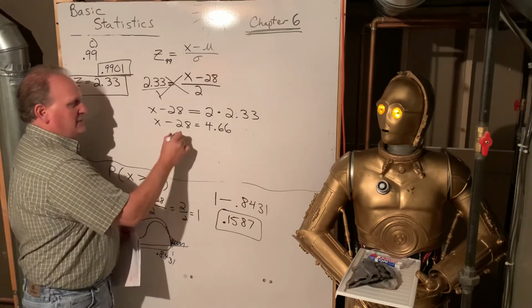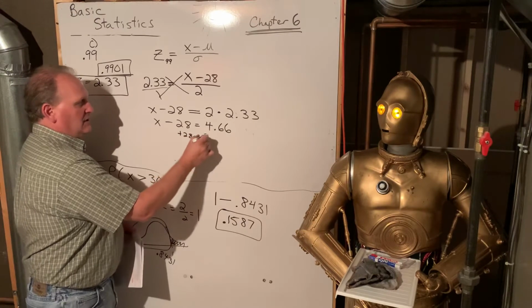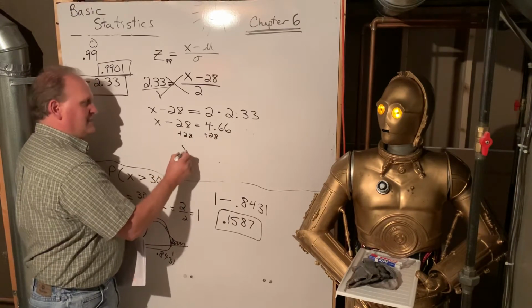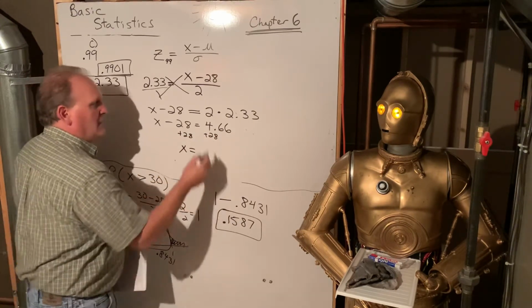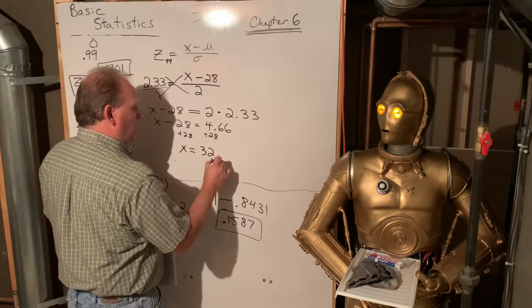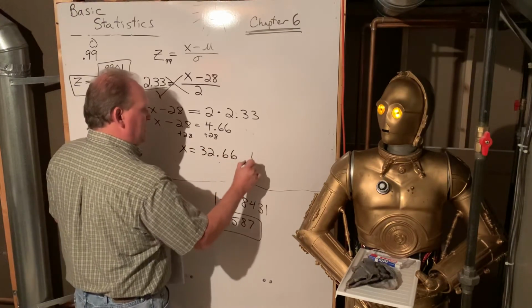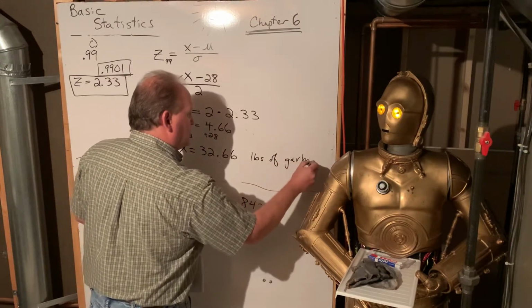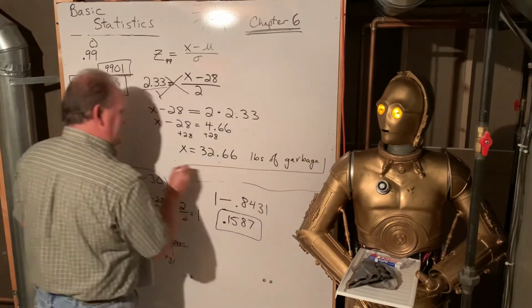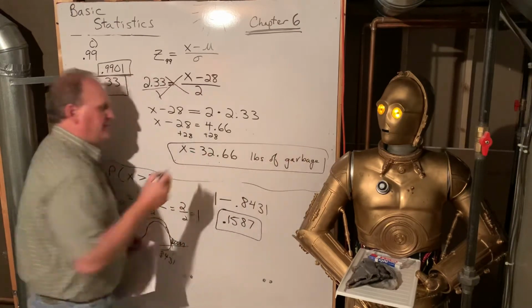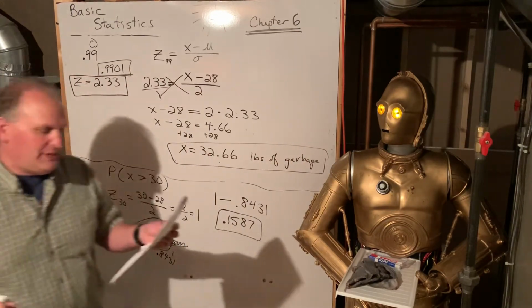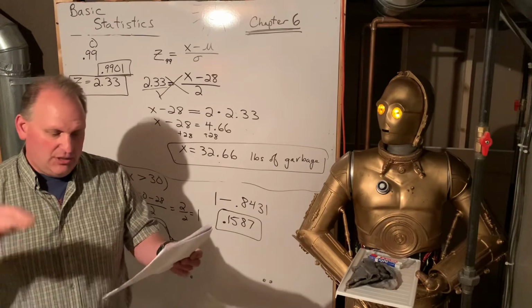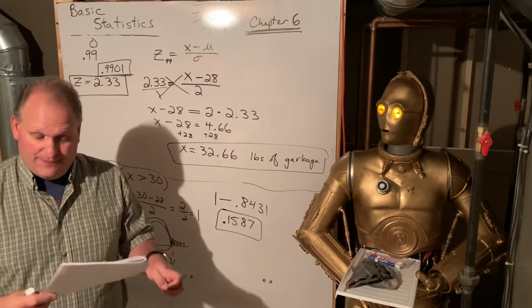So add 28 to both sides. And that is our answer. That's what we were looking for. So 32.66 pounds of garbage would put you at the 99th percentile. If you basically made 32.7 pounds of garbage, you'd be at the 99th percentile.